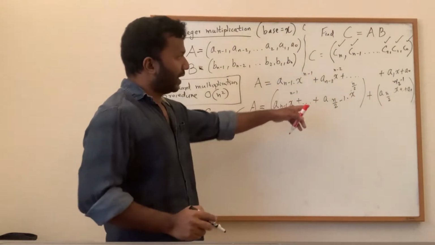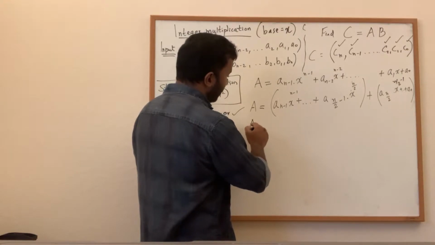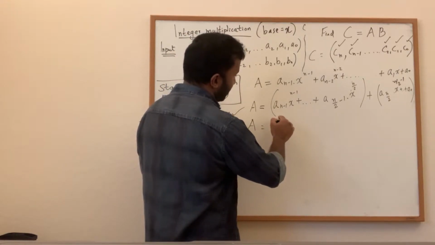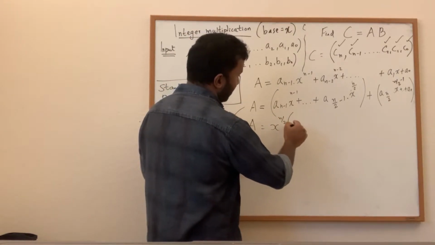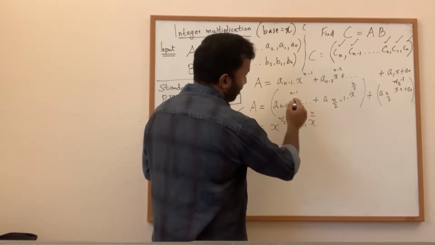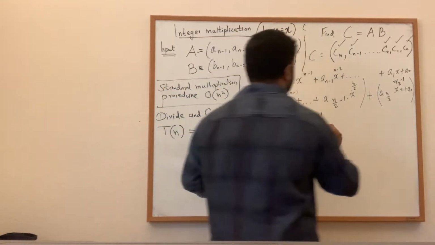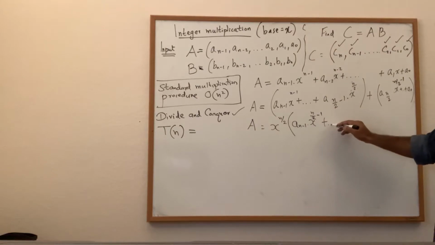Okay, so I'll take this term x to the n over 2 outside from all of these terms. Then how this will look is x to the n over 2 multiplied by a n minus 1 x to the n minus 1 minus n over 2, that is n over 2 minus 1, dot dot dot.